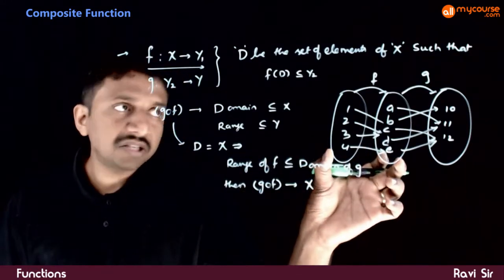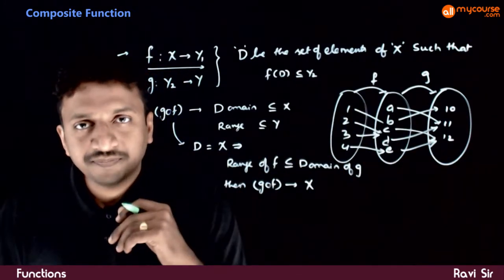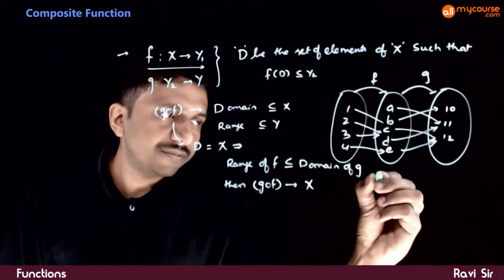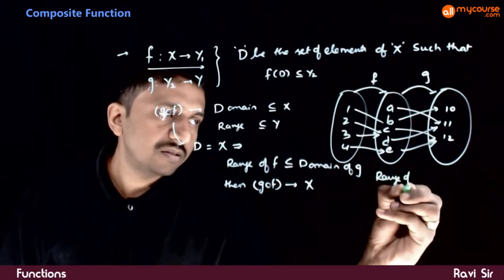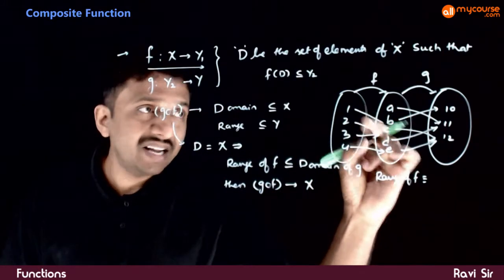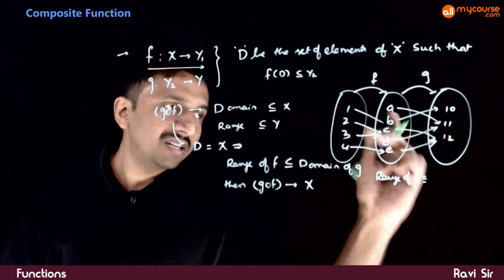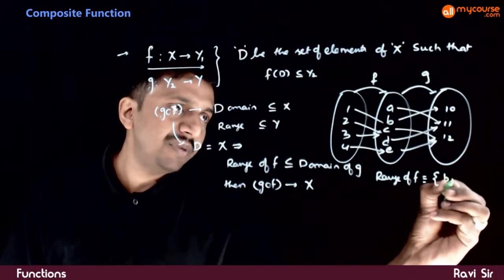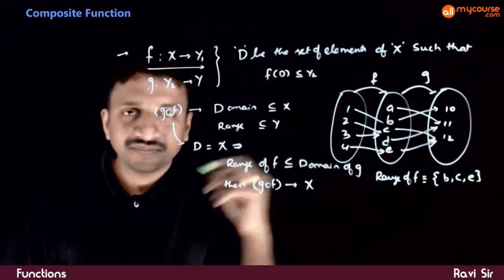So if this is the function f and if this is the function g, what is the range of f? So the range of f is nothing but the set of second elements in the function f, that is the set containing B, C and E.